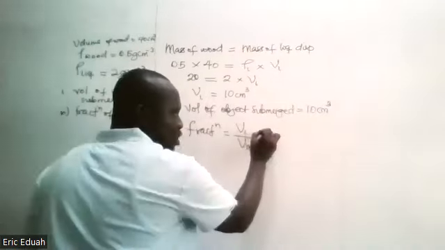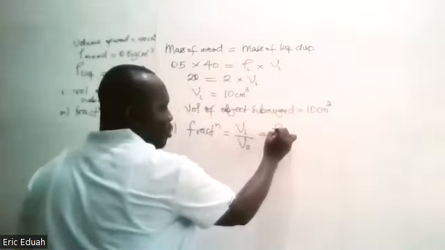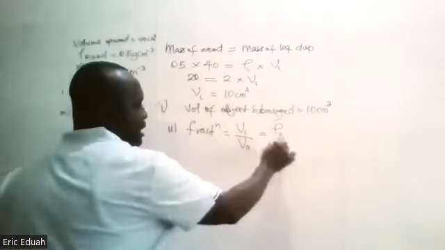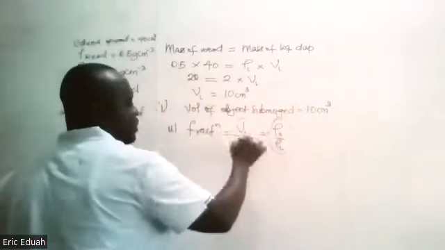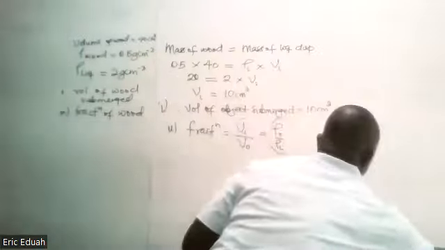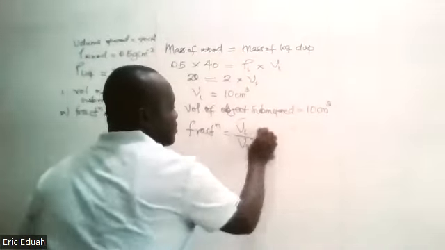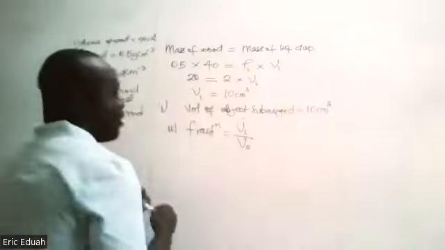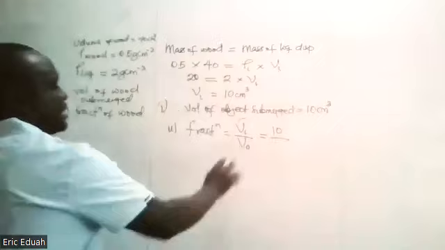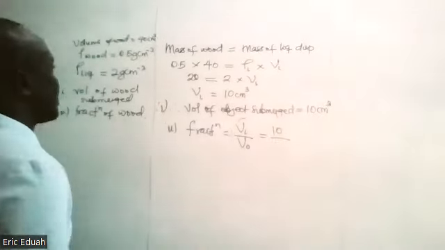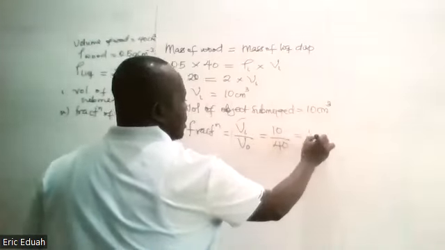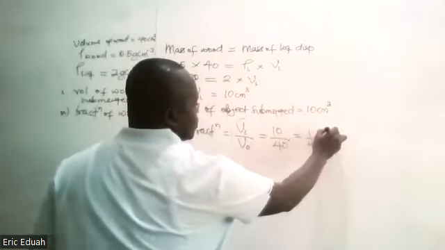Please don't forget this is also equal to rho O over rho L, but we won't consider this because we have the volume. Therefore, VL is 10 cm³ divided by the volume of the object, which is 40. We have 1 on 4, which is also equal to 25%.